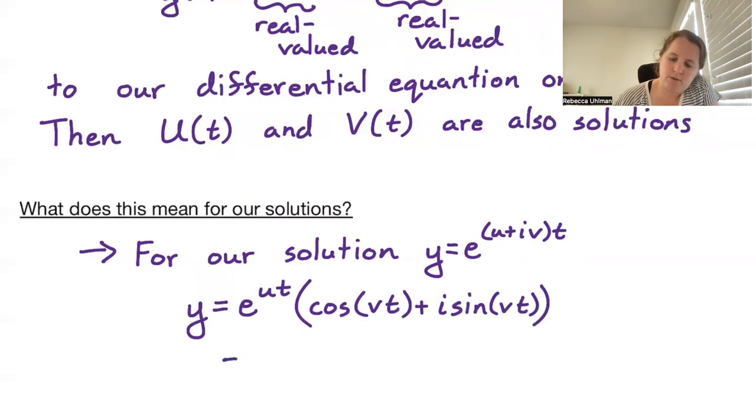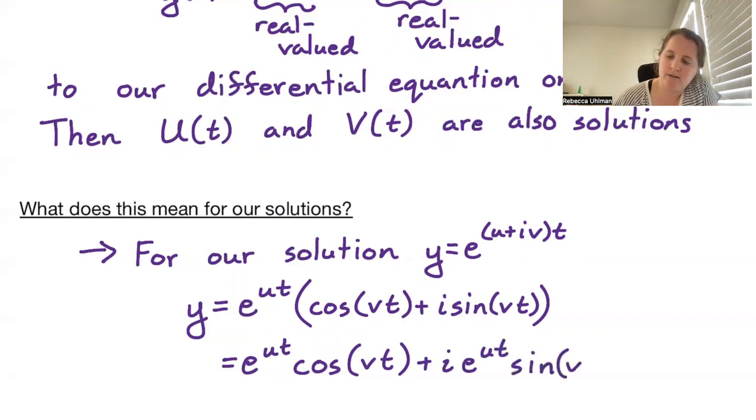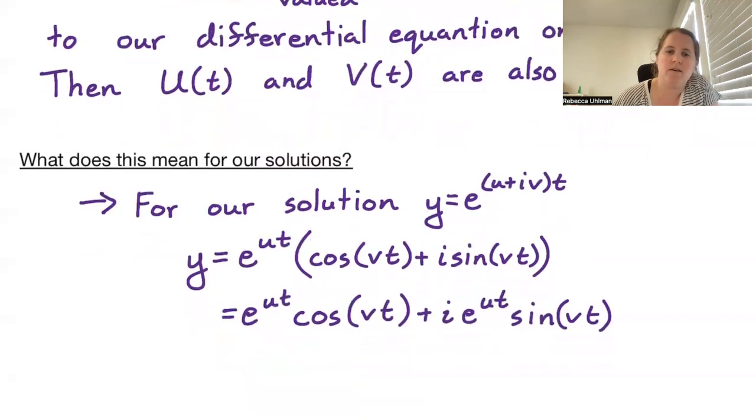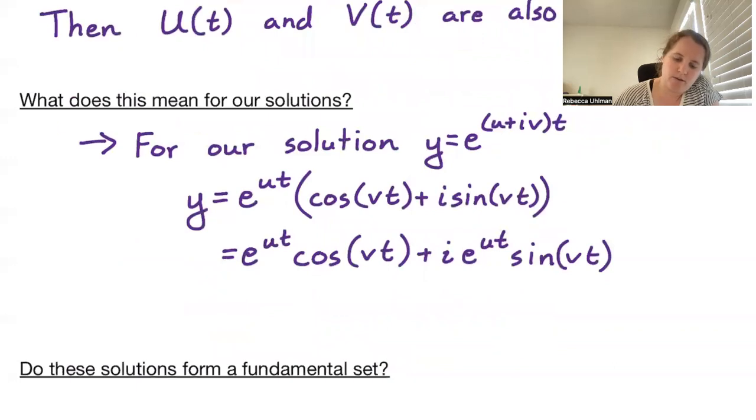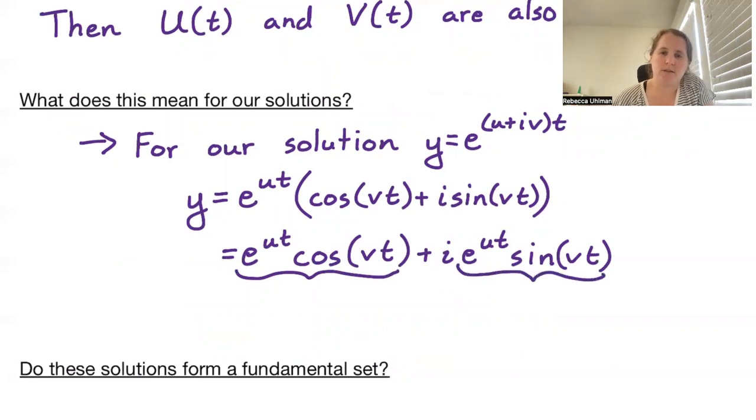And this is equal to e to the ut cosine of vt plus i times e to the ut sine of vt. Here's our real component and our imaginary component.